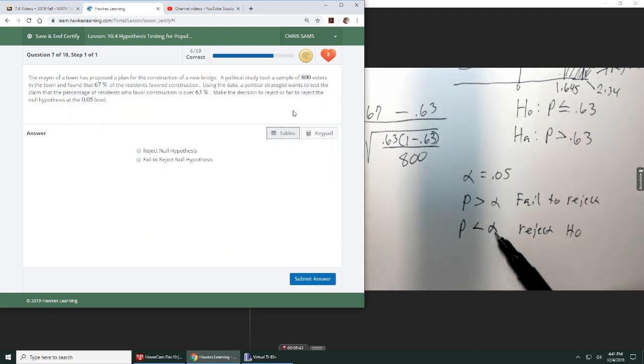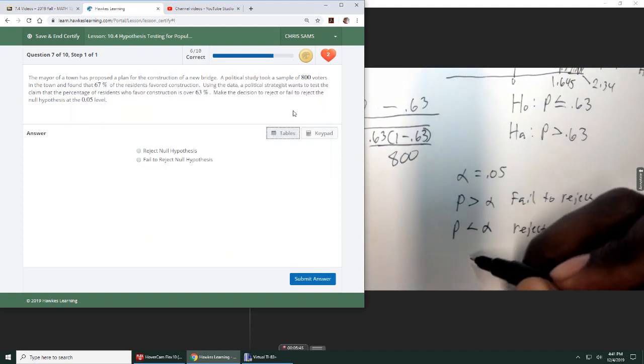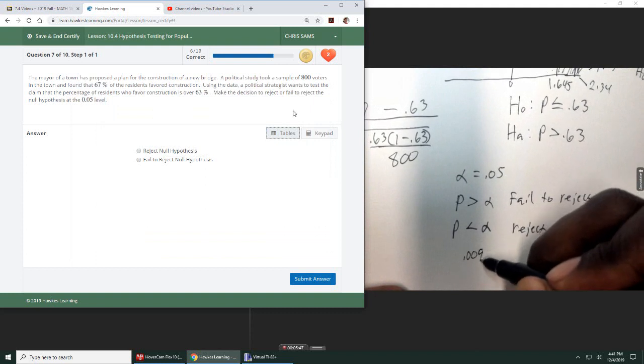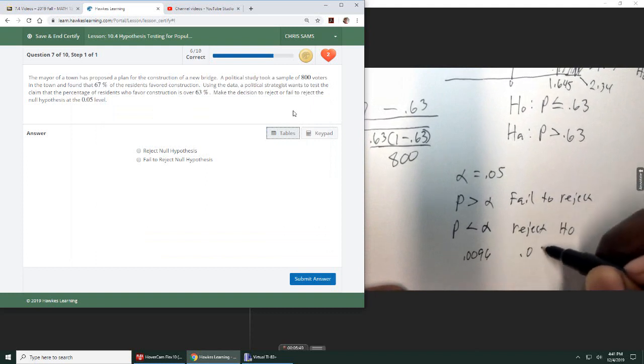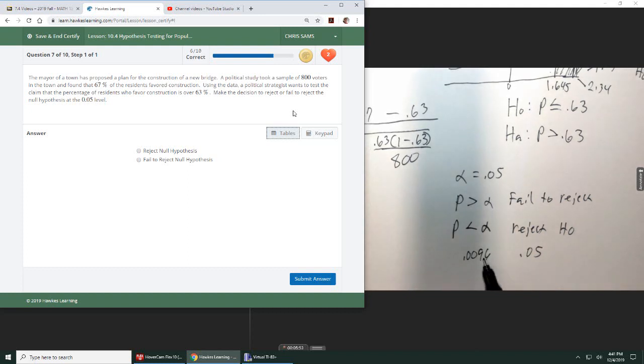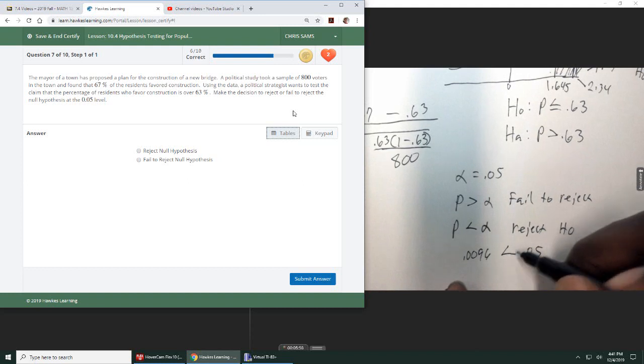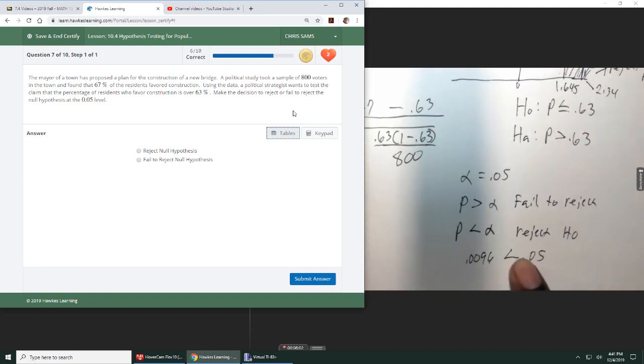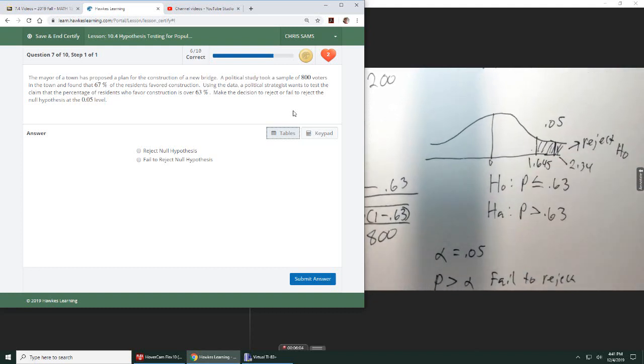So what I'm doing is comparing 0.0096 to 0.05. That's the level of error we're allowing. This is the true error that we found. You can tell that this number is definitely less than this number. So you reject H0. Both of these definitions match up.